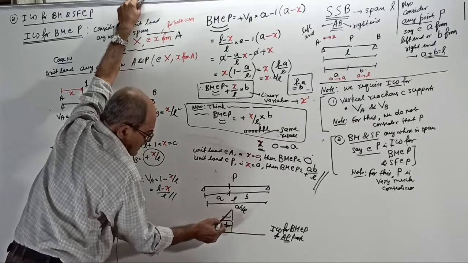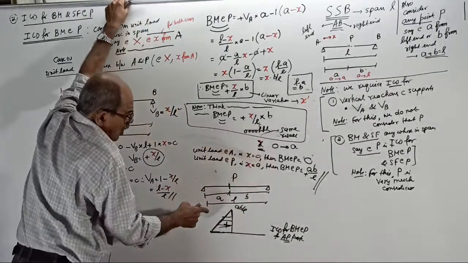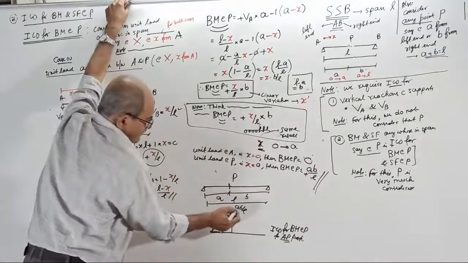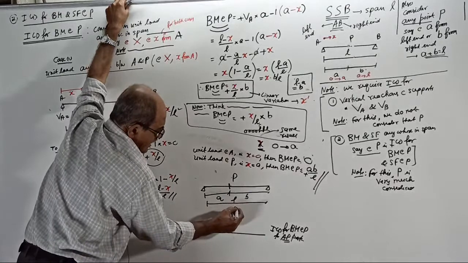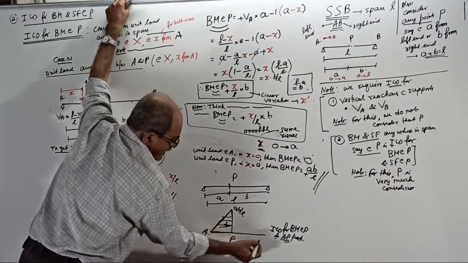This is the ILD for bending moment at P when the load is moving from A to P. This is AB by L. This is A, this is P, this is B.